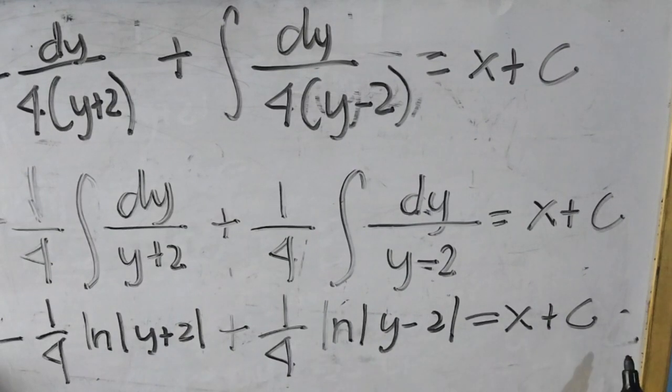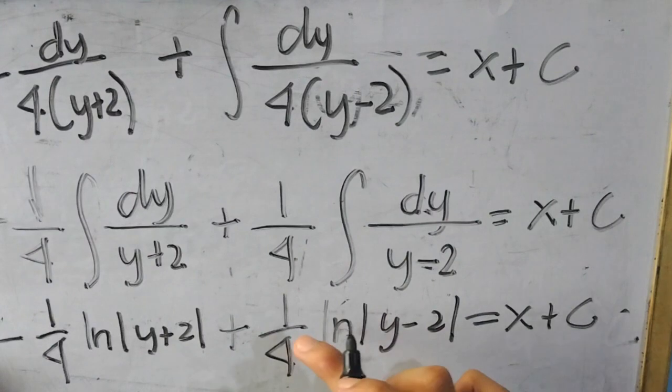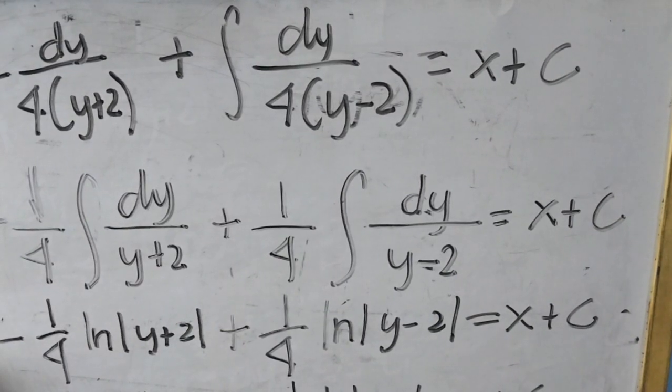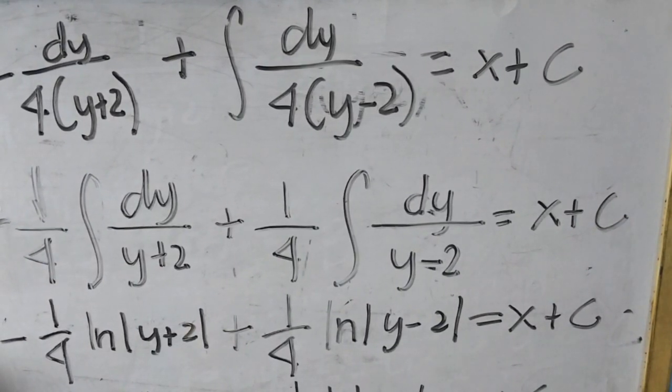So after that, we will arrange it. We will put the positive side first, so 1/4 ln y minus 2, for convenience, minus 1/4 ln y plus 2 equals x plus c. Then we will multiply this by 4 in order to cancel the 4 in the denominator. This whole expression, we will multiply by 4.